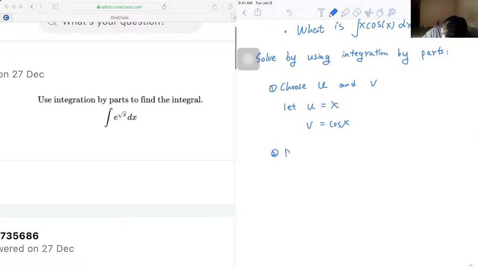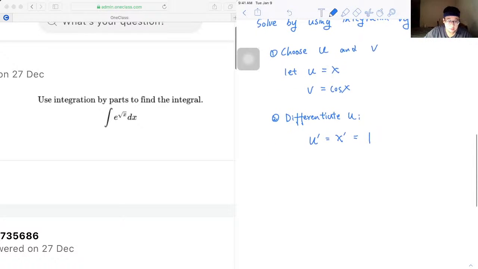So we can proceed to differentiate u. We will have the derivative of u is equal to 1, and integrate v.